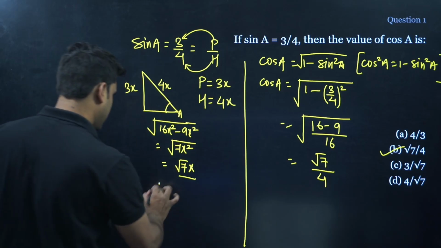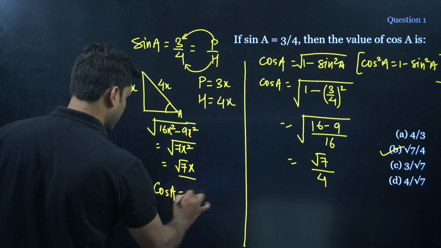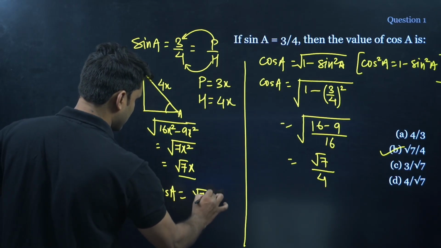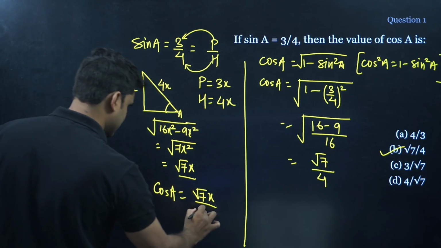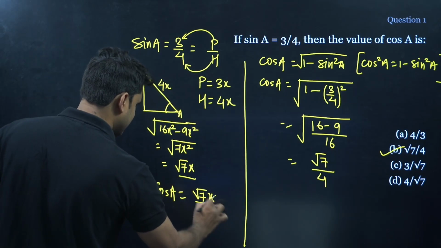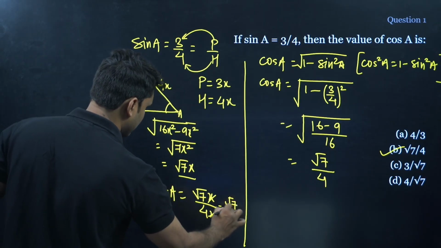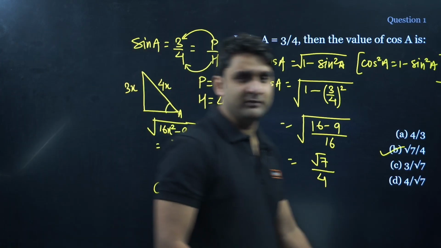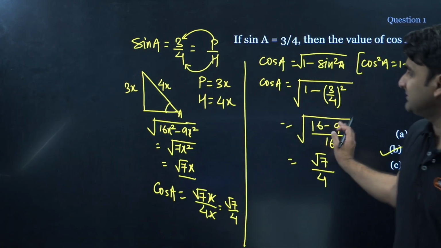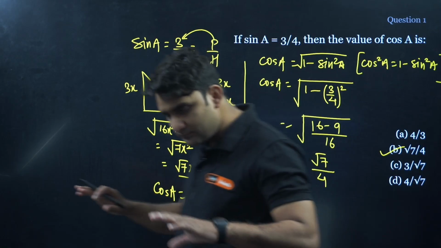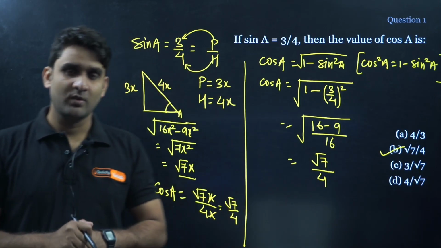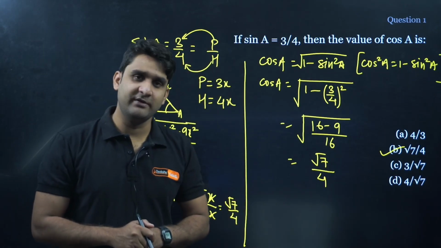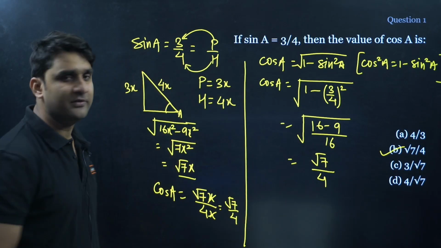So cos will be equal to base by hypotenuse, root 7x divided by 4x. X cancels, we are getting the same value. Root 7 by 4, same answer. Clear everyone? So either you follow this method or this method, it doesn't matter. So we have two methods.